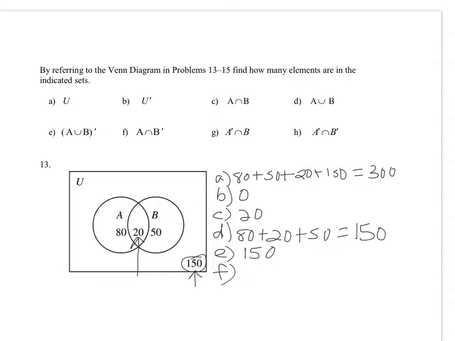Okay, on F, we have A intersected with B prime. Now think about what this means.